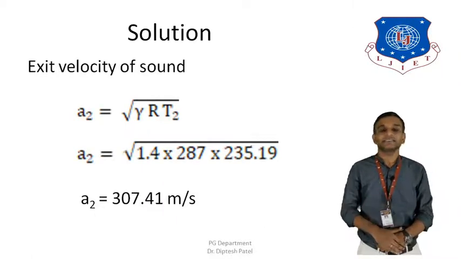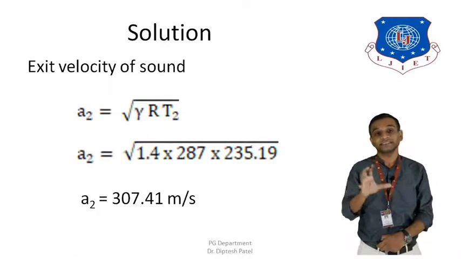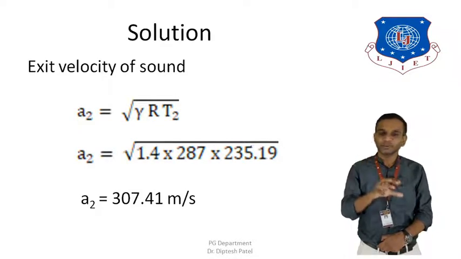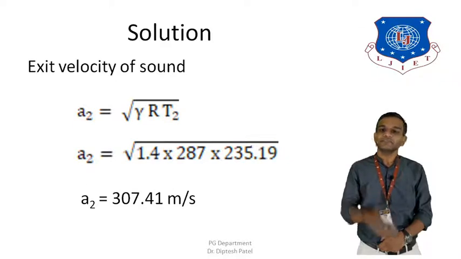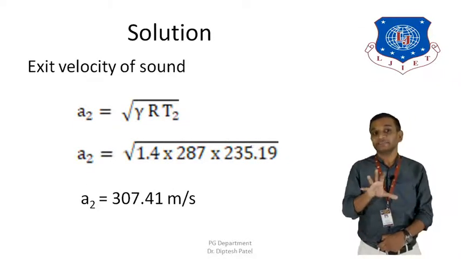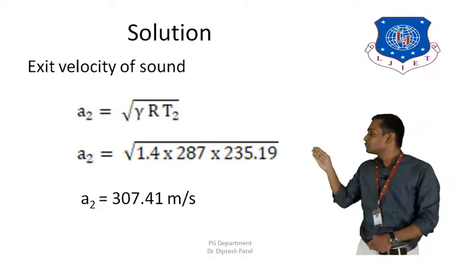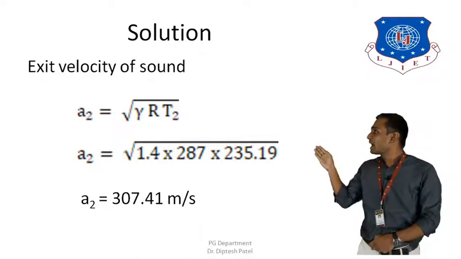In the last section we need to calculate the velocity at section 2, and we are going to use the Mach number equation. Mach number is the ratio of object velocity to the sound velocity. Since we have the Mach number at section 2, we have to calculate the velocity of sound at section 2, at exit, and for that we are going to use the equation a is equal to under root of gamma R T. For section 2, A2 is equal to under root of gamma R T2.